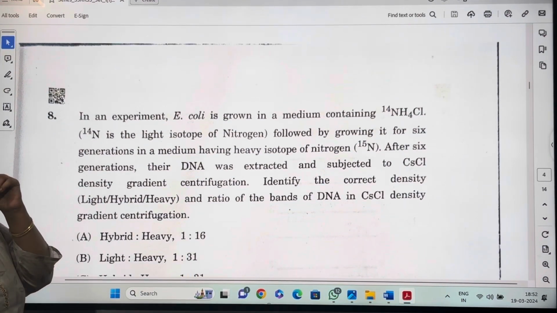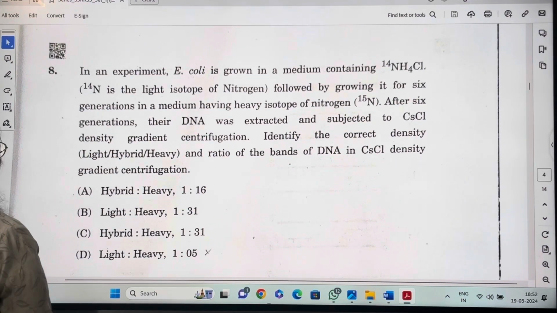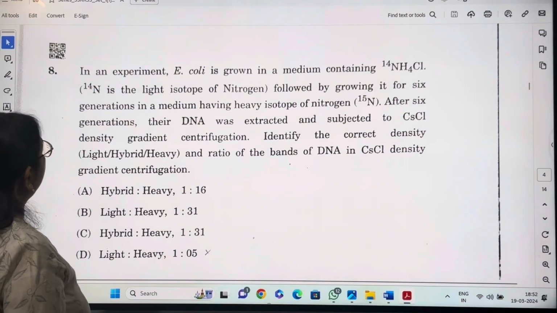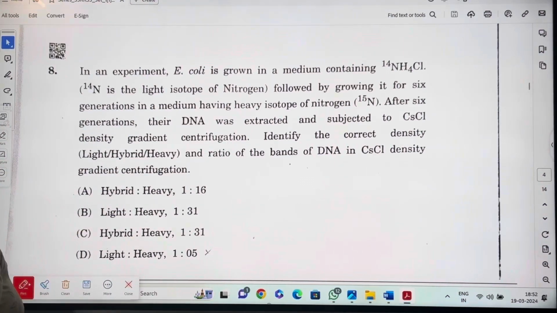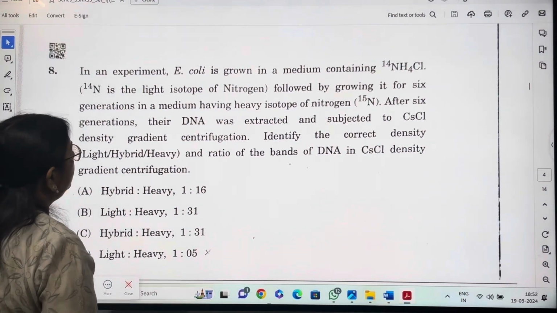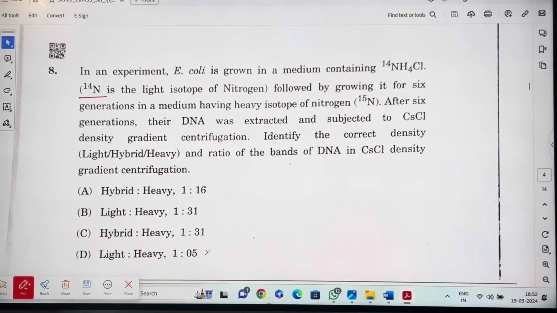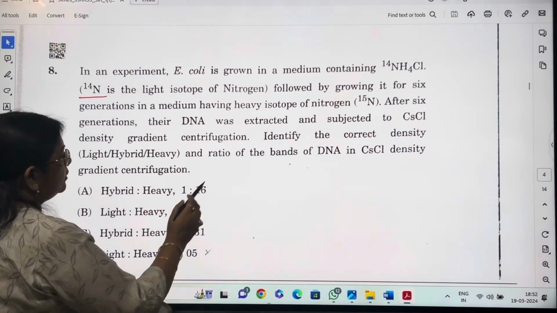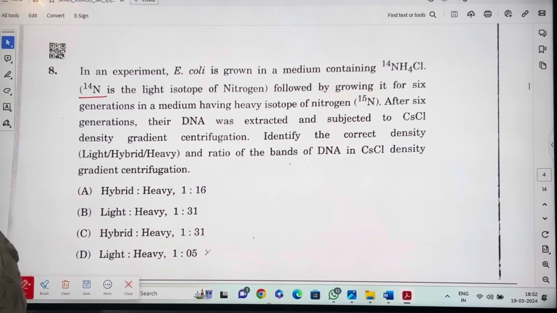Next question. This is a very interesting question. Question is, in an experiment, E. coli is grown in a medium containing N14H4Cl. N14 is a light isotope of nitrogen, followed by growing it for 6 generations in a medium having heavy isotope of nitrogen. After 6 generations, their DNA was extracted and subjected to cesium chloride density gradient centrifugation.